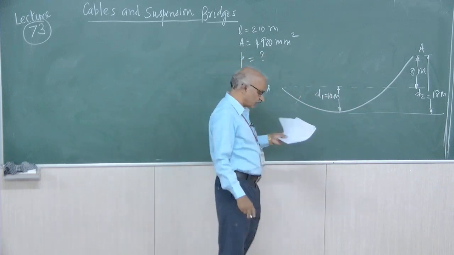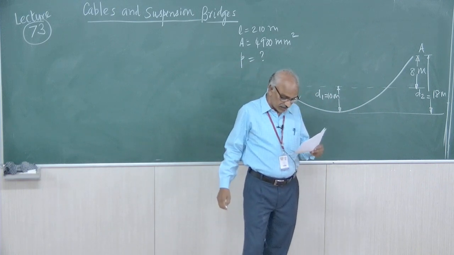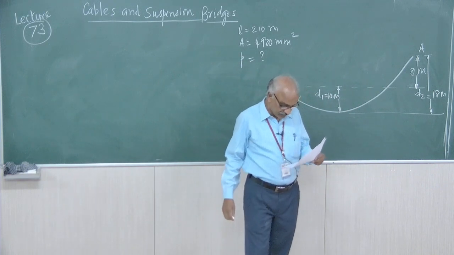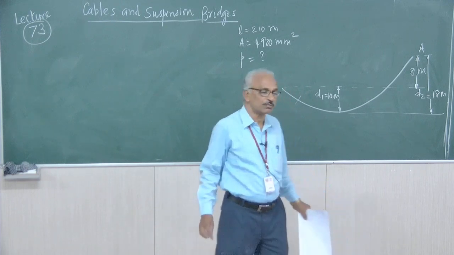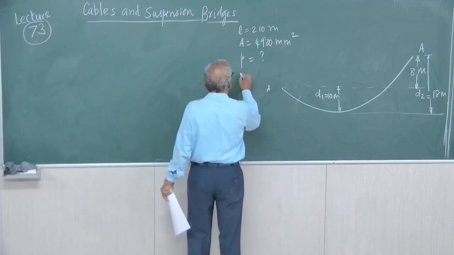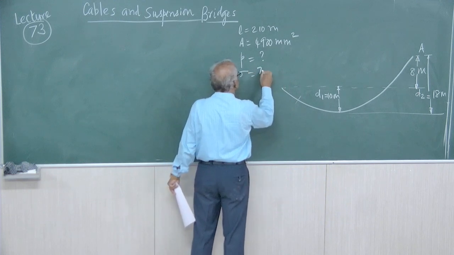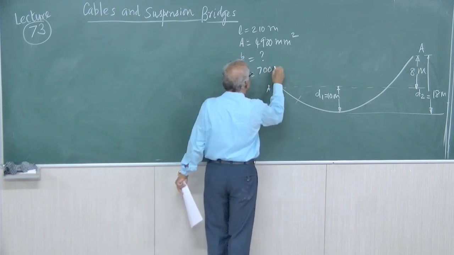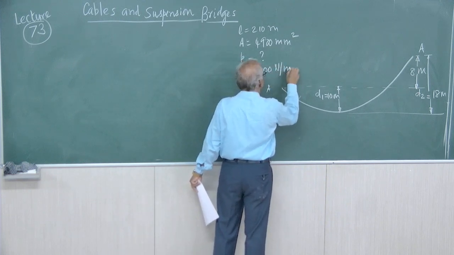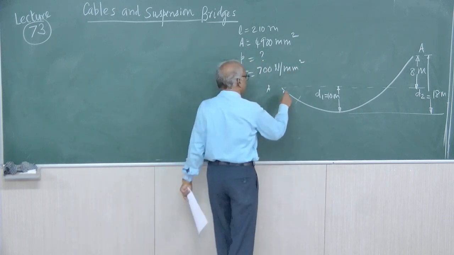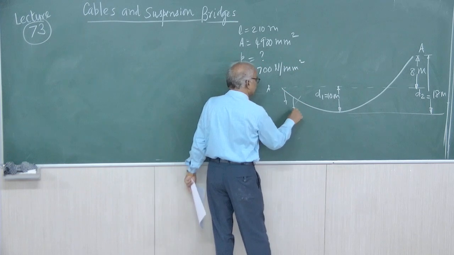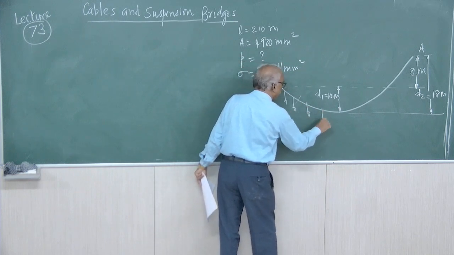What is the uniformly distributed load that can be carried by the cable if the maximum stress is limited to 700 Newton per mm square? So sigma equal to 700 Newton per mm square. So the problem is, what is the value of UDL?